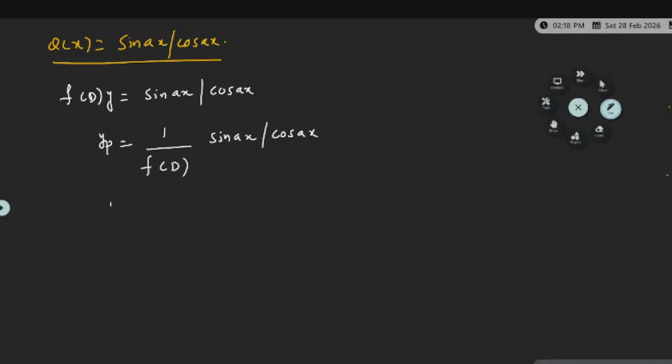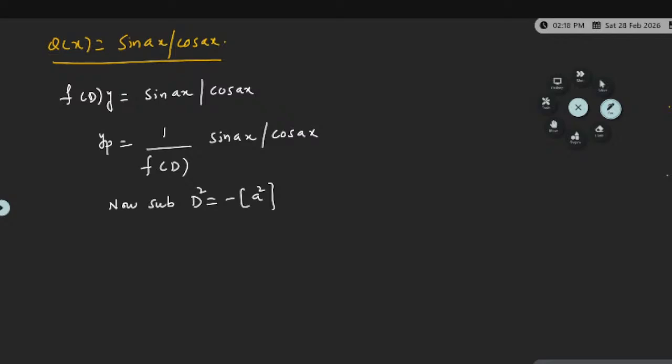Everybody, in type 2, you must replace D square by minus a square. D square equal to minus a square. In the previous topic, D equal to a.